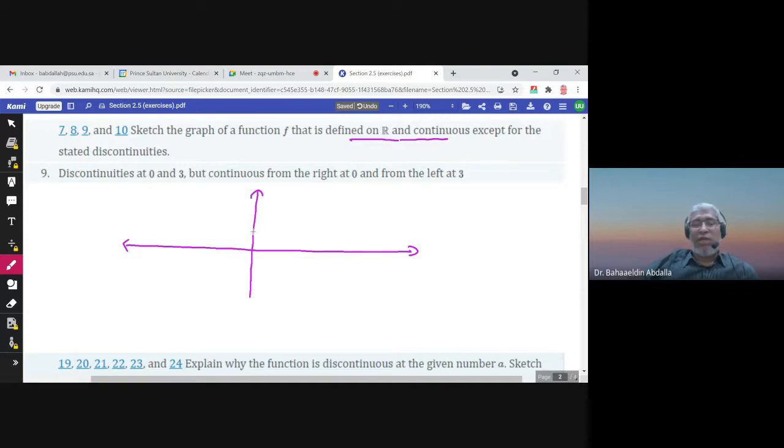This means that maybe part of the function goes like this, and here we have an open circle and the function goes like this. So this means the function is not continuous at 0 because the limit does not exist.